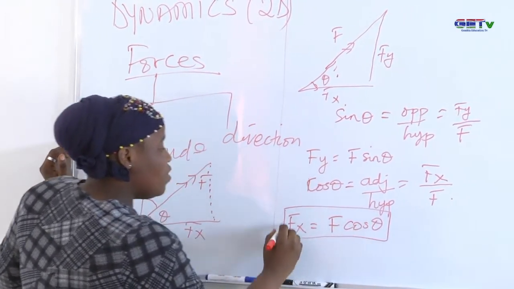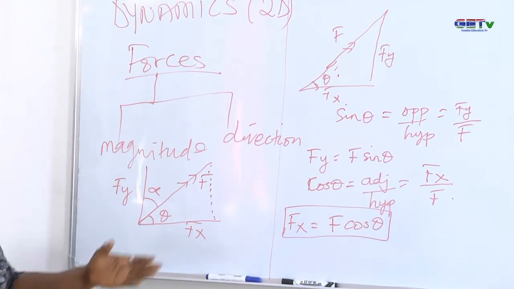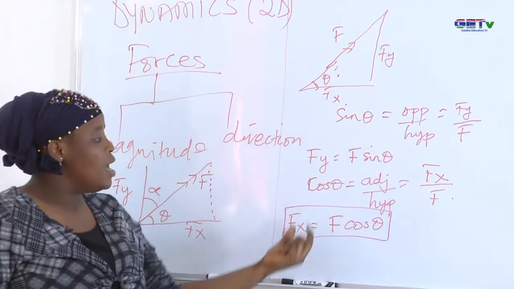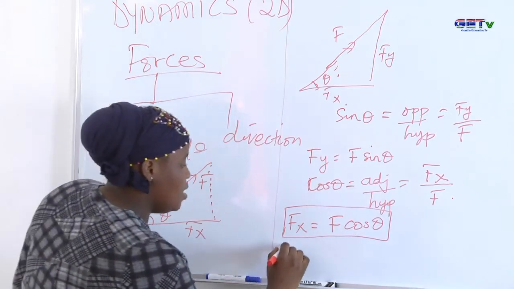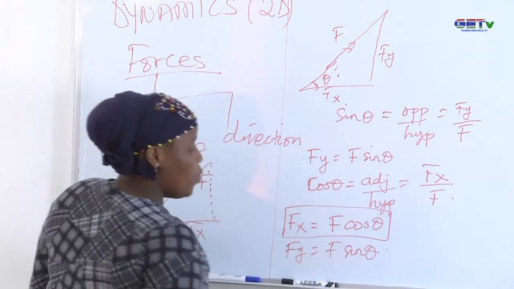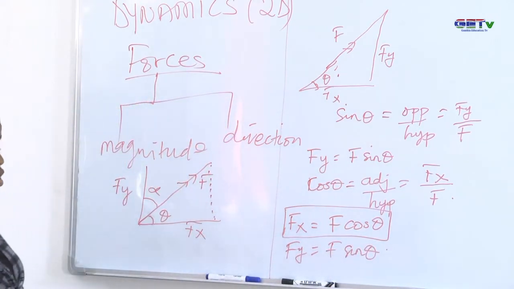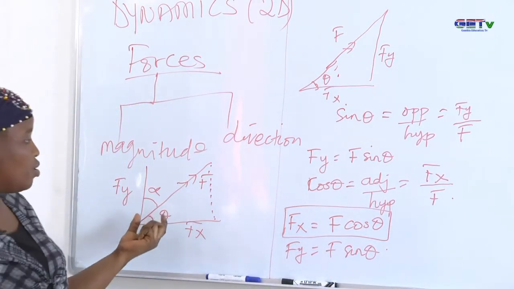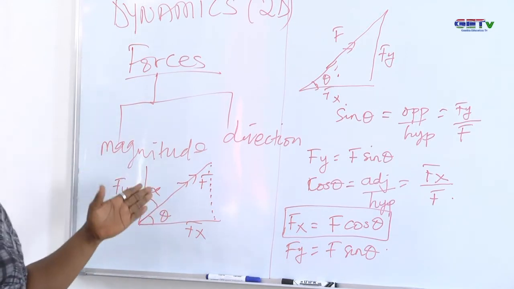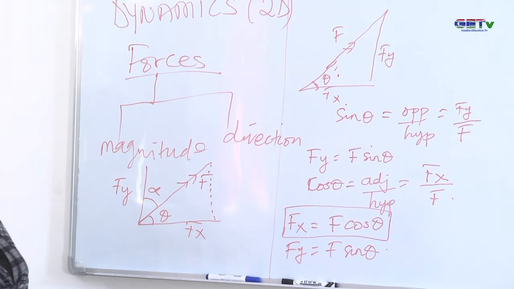So whenever you resolve vectors or forces, this is what you do. The vertical component will be F sine theta, and the horizontal component will be F cosine theta, where F gives the magnitude of the force and theta will be the angle inclined at the horizontal or at the vertical, depending on what triangle you've used. I think that's a good recap.